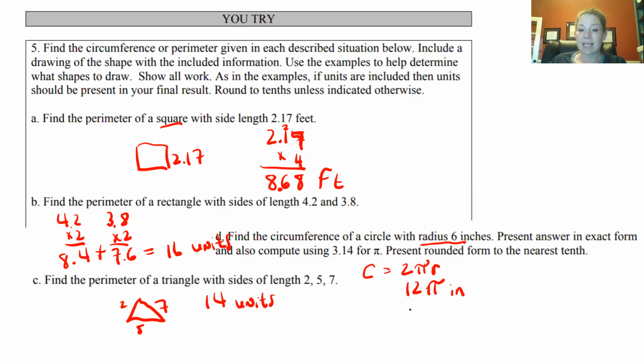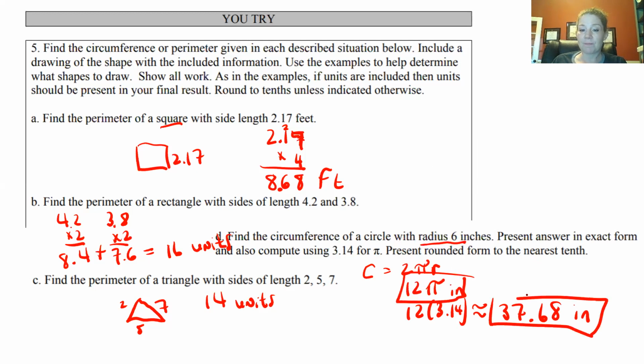And then my second answer is going to be 12 times 3.14, which is going to be about 37.68 inches. So this is our exact answer, and this is our estimated answer.